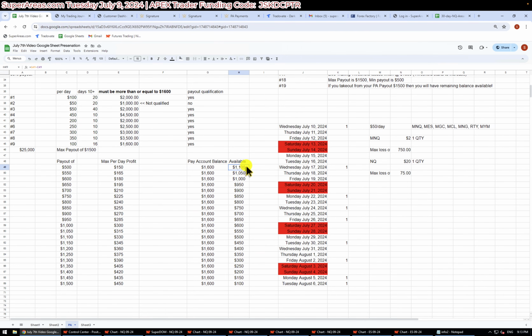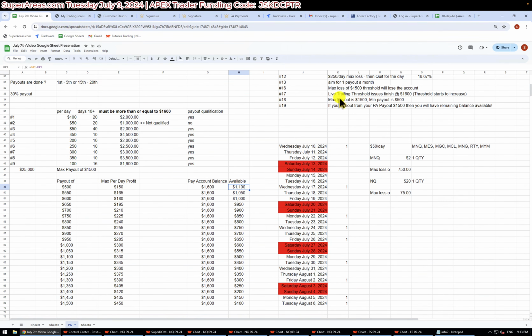And of course your threshold is only finished when you are $1,600 or over. So your live threshold still kicks in right here. So if your balance was $1,600 and you took out $1,500, you would have $100 left, which is practically a dead account.